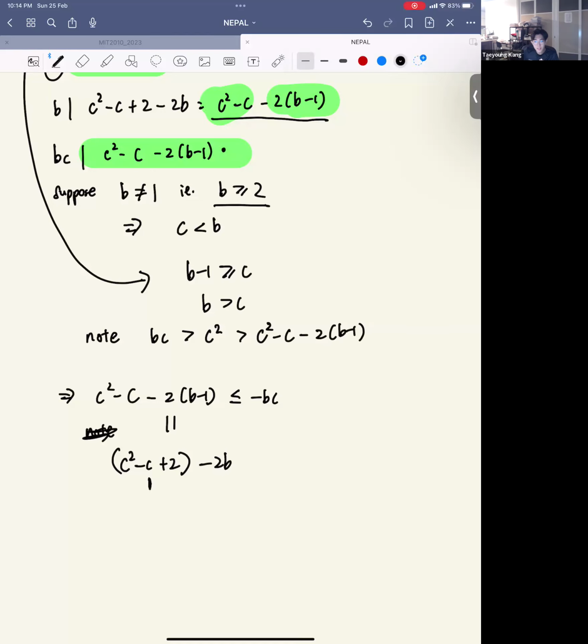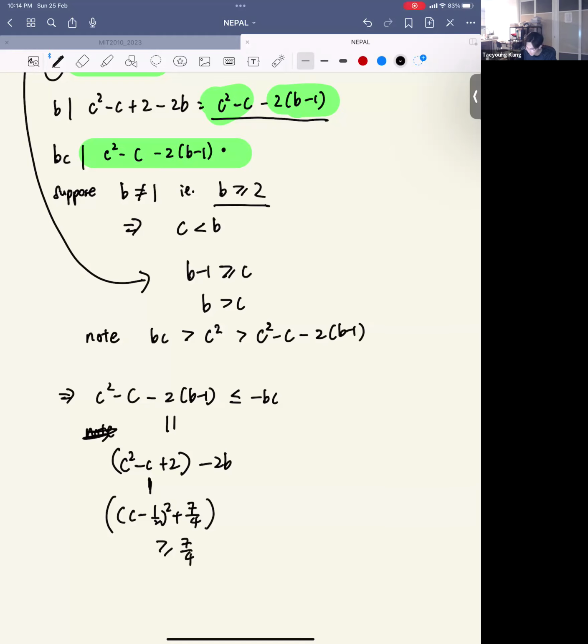And this is definitely positive because this is C minus a half, squared, plus 2 minus 1 over, wait, 7 over 4. Yeah. So this is at least 7 over 4, right? So this is definitely positive.